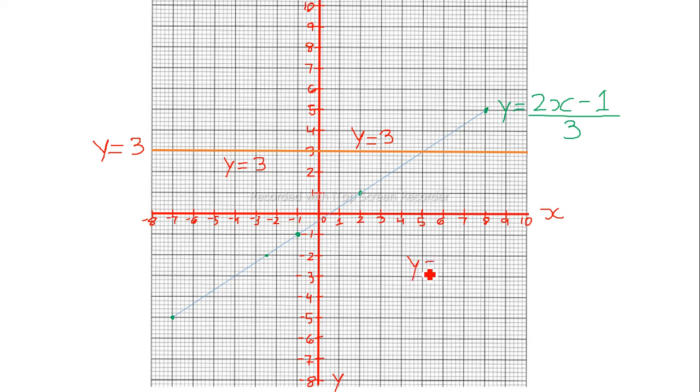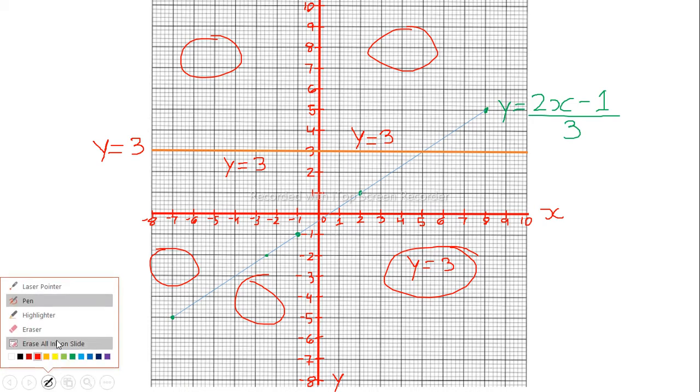You want to write it someplace close to the line, so anywhere around here is good. But you do not want to put it far away from the graph. You want it to be close so that they know what line you're talking about. Is that clear? Okay.